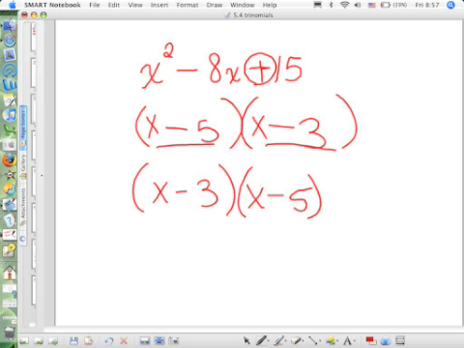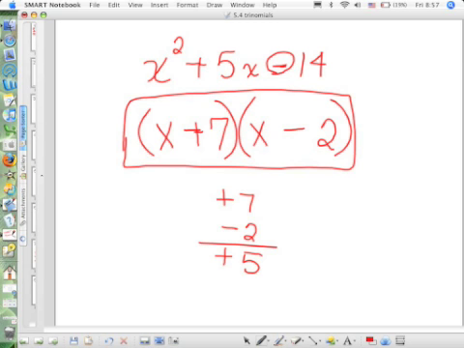And remember, the order we multiply things in doesn't matter. What is important is that one of the parentheses has x minus 5 and the other one has x minus 3. All right? Which in this one it wouldn't matter because your signs are the same, but in this one it would. You got to make sure it's x plus 7 and x minus 2. The two things can be alternated, but that's got to be the case.